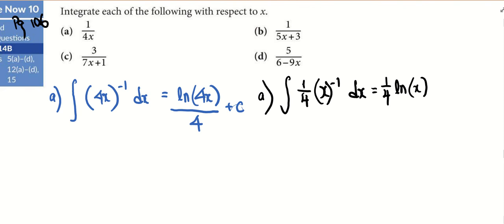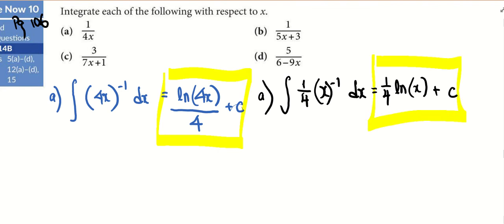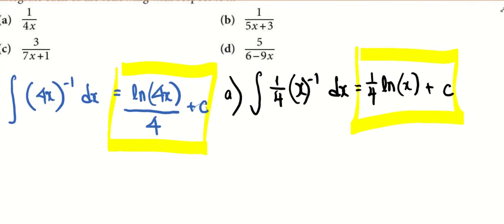Divide by what? What is the coefficient of x inside the bracket? 1, right? Okay. Plus c. Very strange. Do you all notice the first answer and the second answer, are they the same? Are they the same? What's the difference?